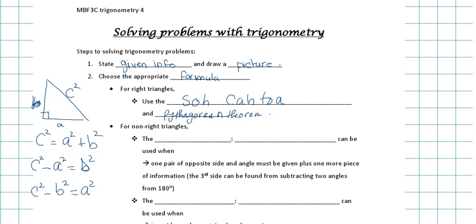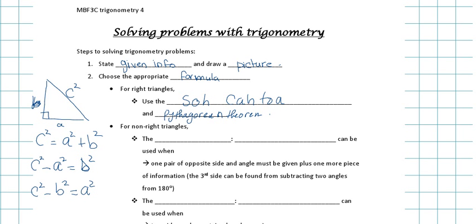So what if I'm looking for b? If you're looking for b, right, you're bringing the a squared over, so that becomes c squared minus a squared. Okay? If you're looking for a, you're bringing the b squared over, so it becomes c squared minus b squared. Okay?